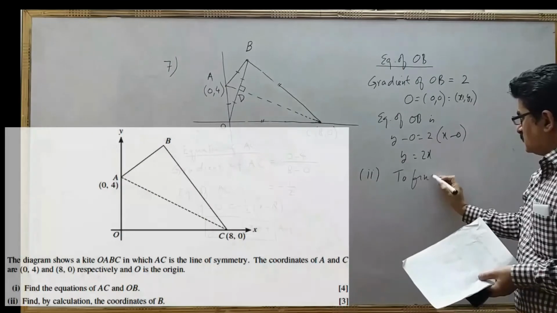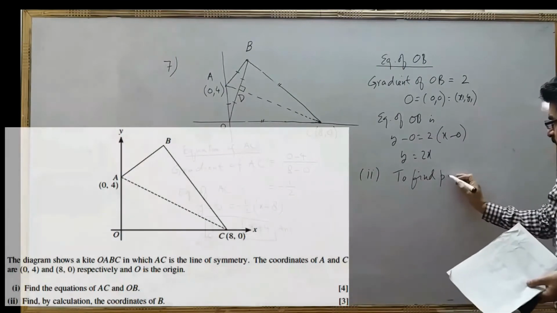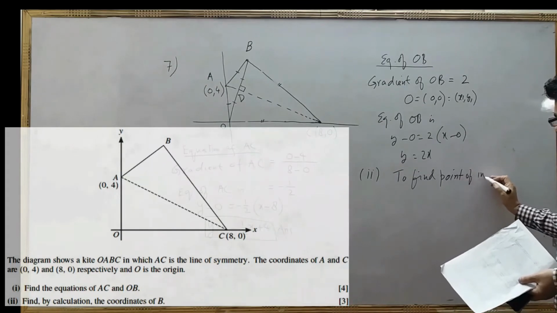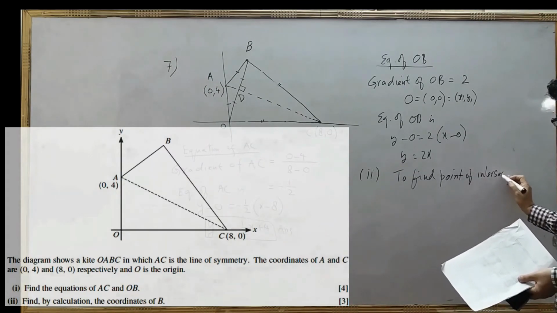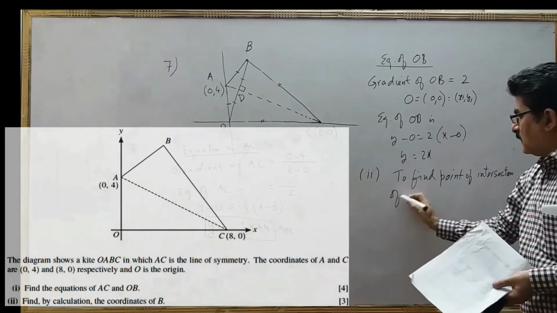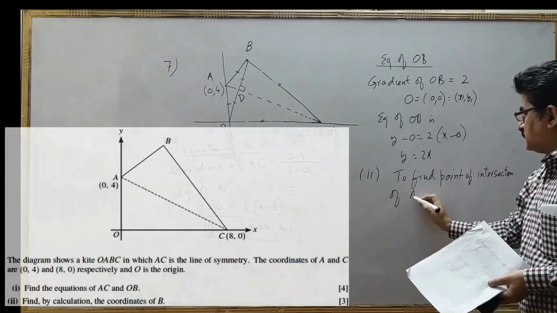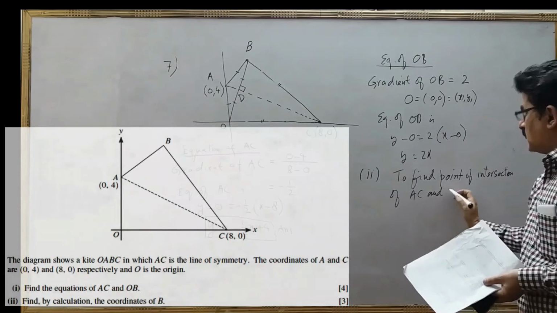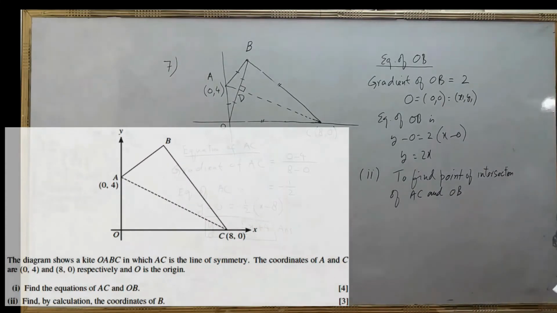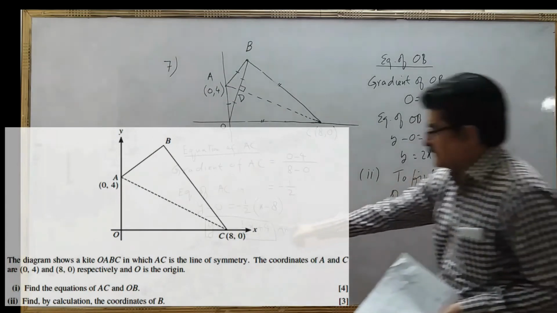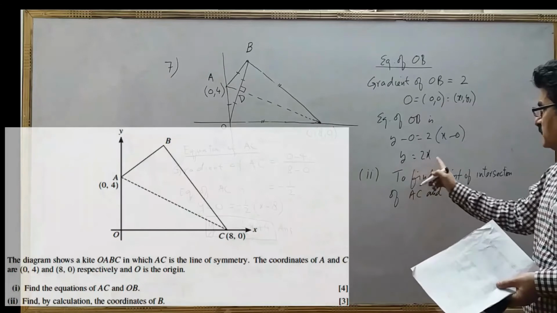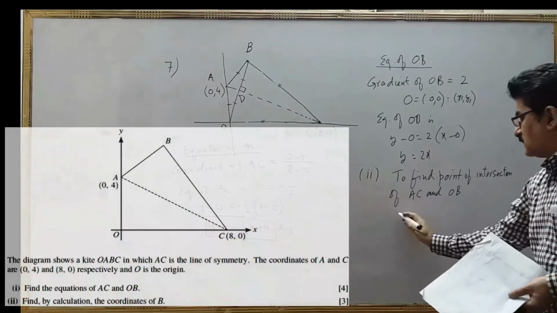To find the point of intersection of AC and OB, solving these two equations simultaneously, you can put this value of y into that equation.